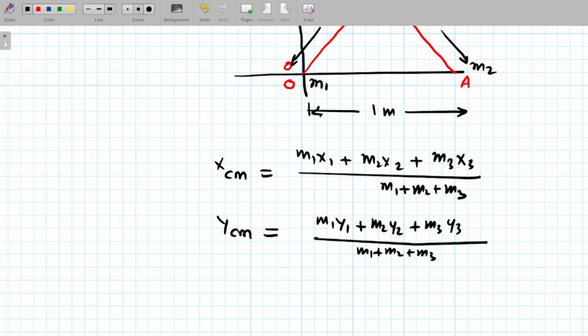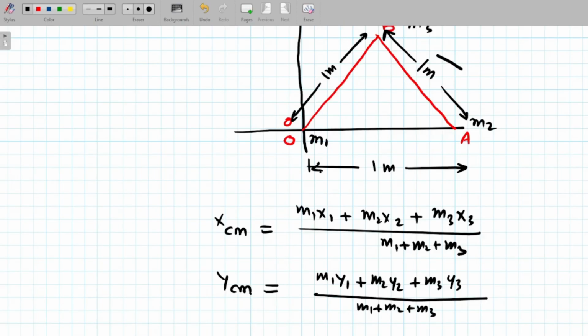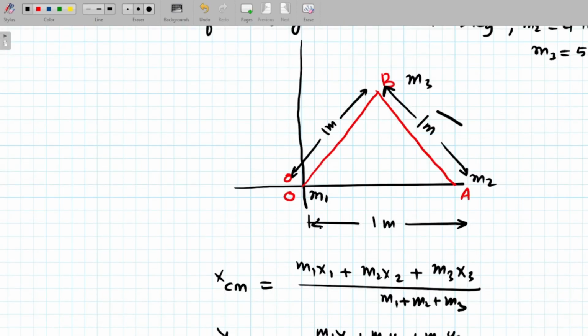What is x1, x2, x3? Can you tell me from the figure? x1 is 0. So let us put M1 which was 3 times 0 plus x2. What is x2? x2 is the coordinate of M2. What will be the coordinate of M2? Why are you not speaking? So how much is x2? 1. So 4 times 1 plus 5 times x3.